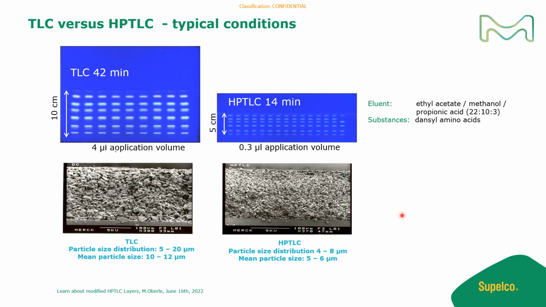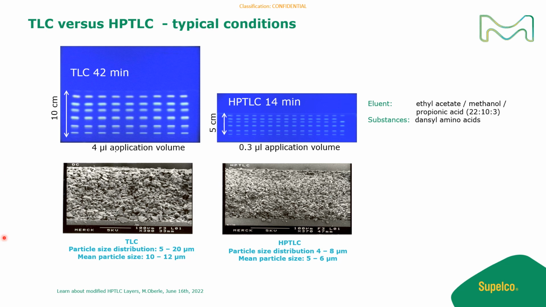As I said before, the particle size is reduced to around 5 micron and the plate format is 20 by 10 centimeters. Therefore, the development or migration distance is reduced to 2.5 centimeters and also the time. So HPLC is much faster compared to TLC with a very high separation performance.